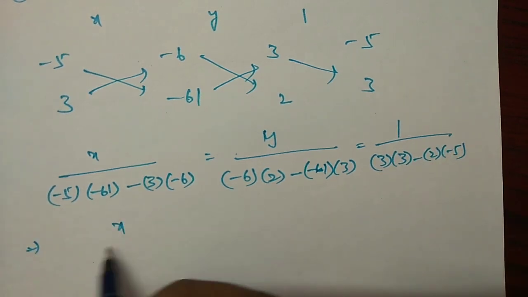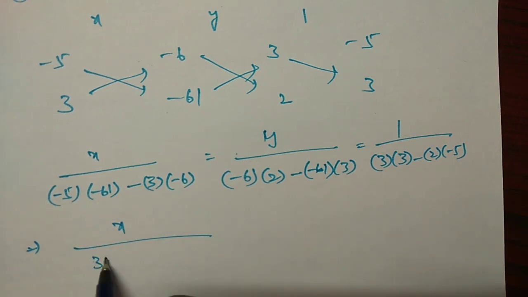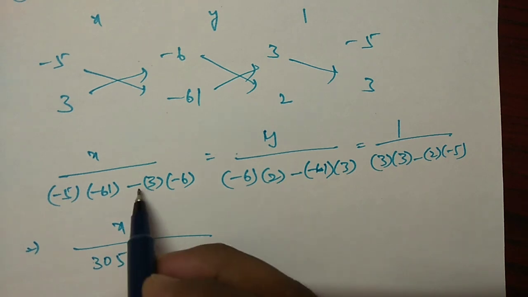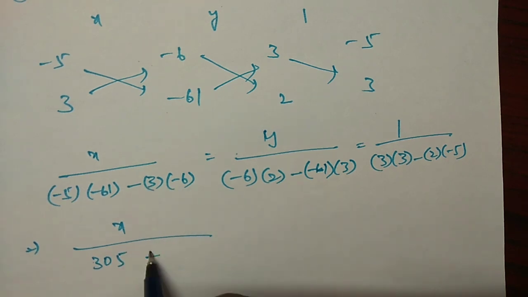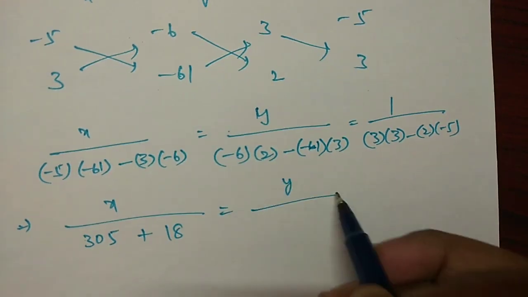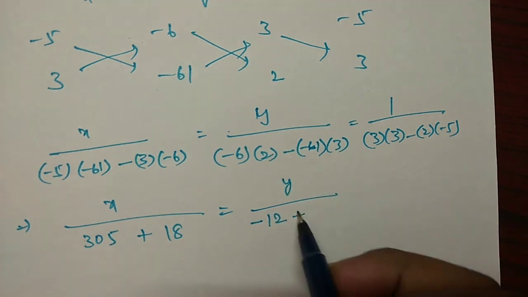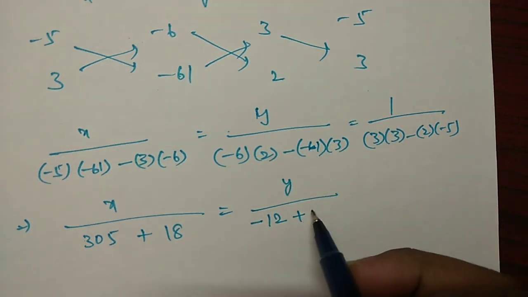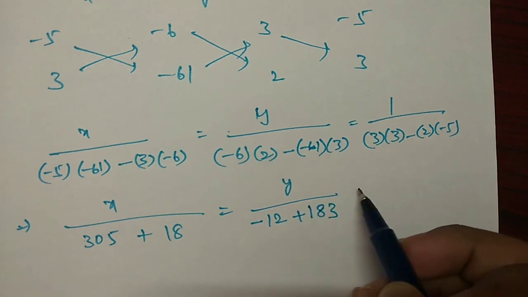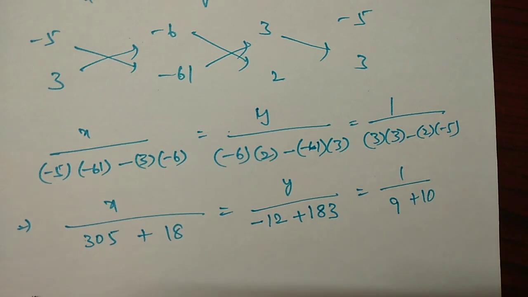This implies x by, minus into minus plus, this is 305, plus 3 sixes are 18, equal to y by minus 6 twos are 12, minus into minus plus, so this is 183, equal to 1 by 3 threes are 9, plus 2 fives are 10.